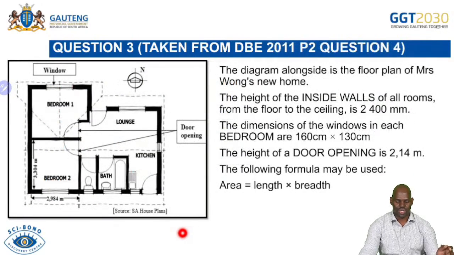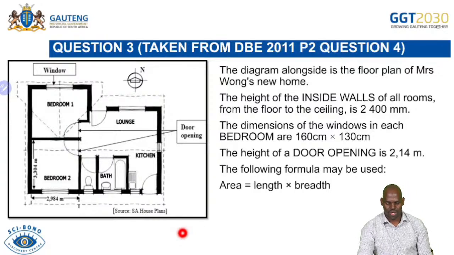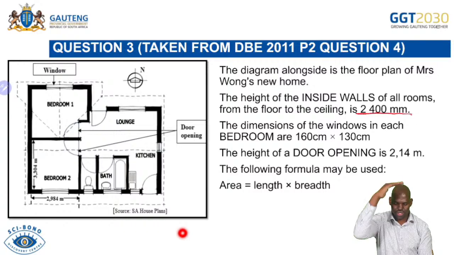Right, then the next question is question 3. This one is taken from the DBE 2011 paper 2, that was question 4. The information is the diagram alongside is the floor plan of Mrs. Wang's new home. The height of the inside walls of all rooms from the floor to the ceiling is 2,400 millimeters.